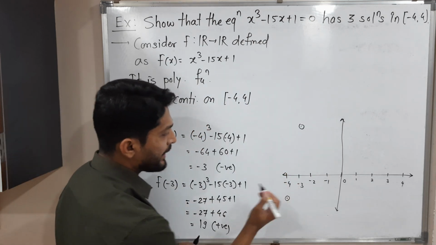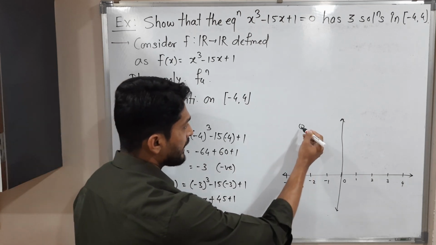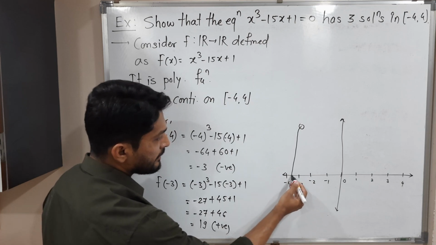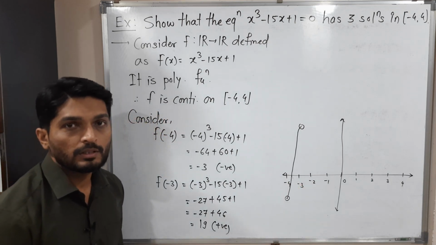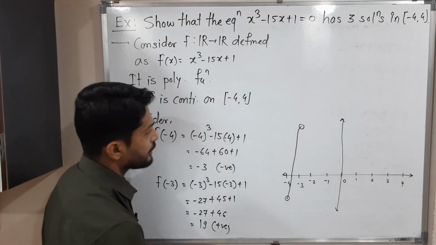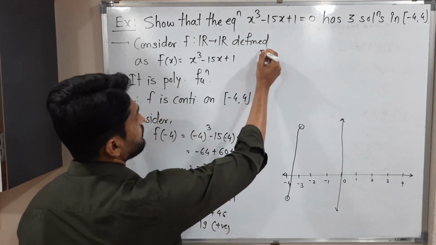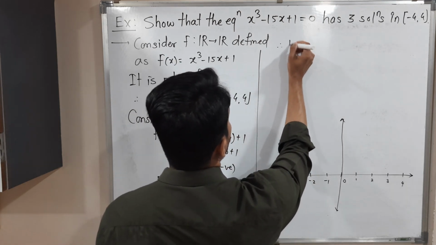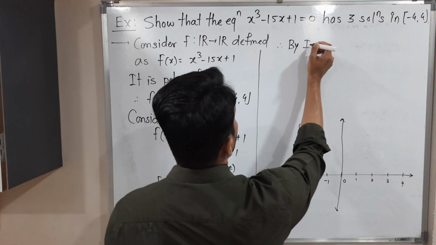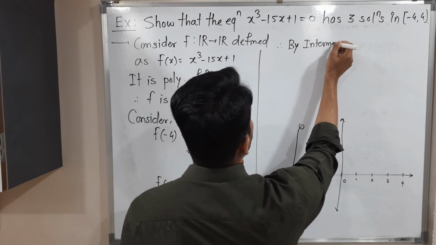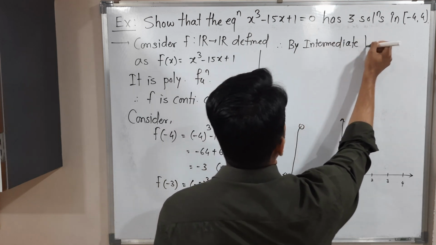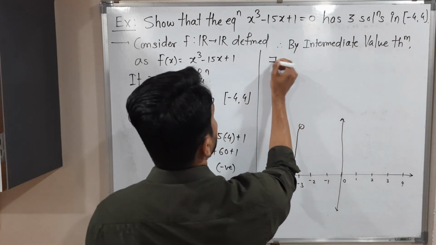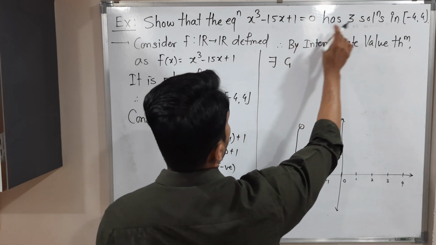At -4 we have a negative value, but at -3 we have a positive value and the function is continuous. So definitely you can find some point c where the function has value 0. Therefore, by the intermediate value theorem, there exists some point c. I am calling it c1, since we want three solutions.